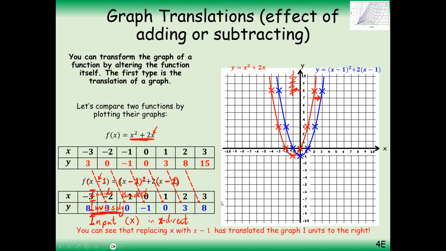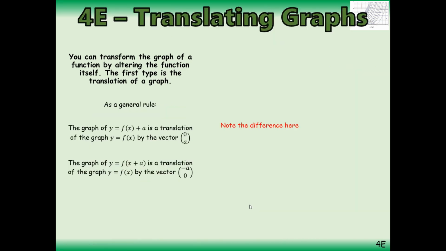All right. So let's look at another example here. So in general, to summarize what we learned, when the change here is outside of the function, outside, it will affect the output. By output we mean y, in the y direction. The change will come in the y direction, and it will happen ordinarily.